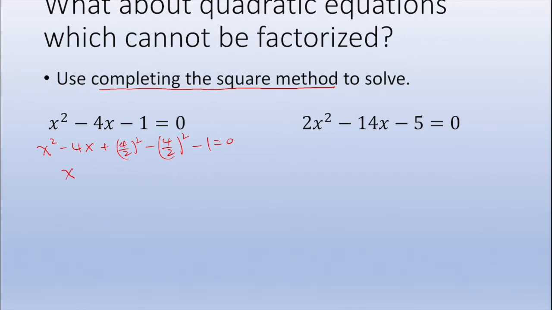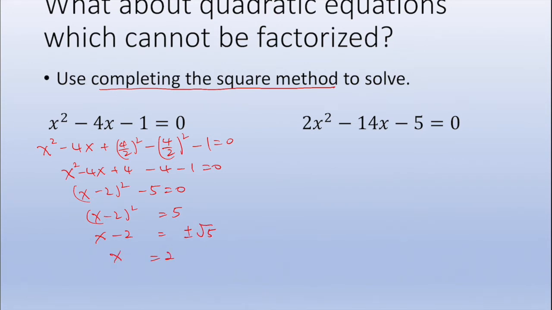Therefore, x squared minus 4x plus 4 minus 4 minus 1 equals 0. So here it becomes x minus 2 squared minus 5 equals 0. x minus 2 squared equals 5. x minus 2 equals plus or minus square root of 5.